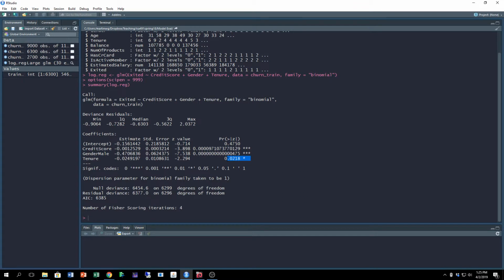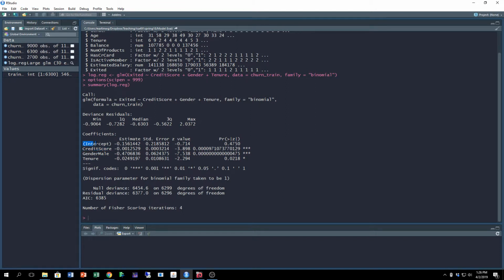The three appear to be significant at a 5% alpha level. So just as before, we would look at the significance of the particular variables, and we will talk more about the null deviance and the residual deviance and how they explain the goodness of fit of the model. But for now, let's focus on the individual variables and the interpretation of the model.